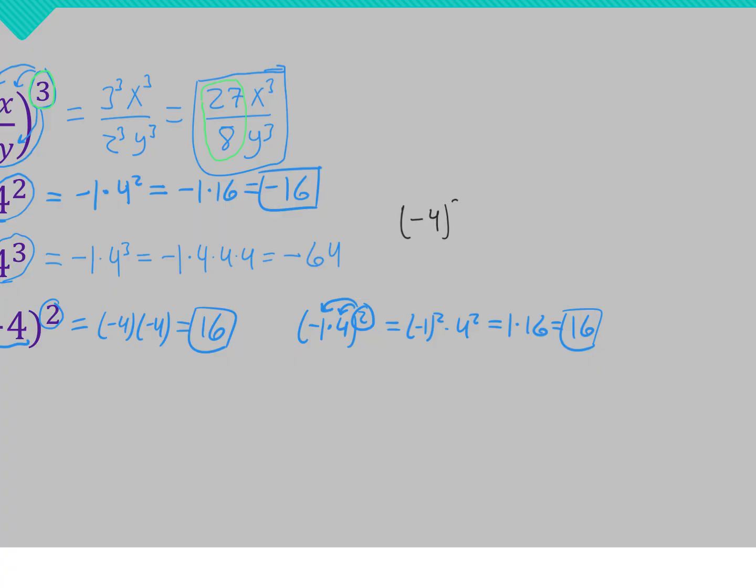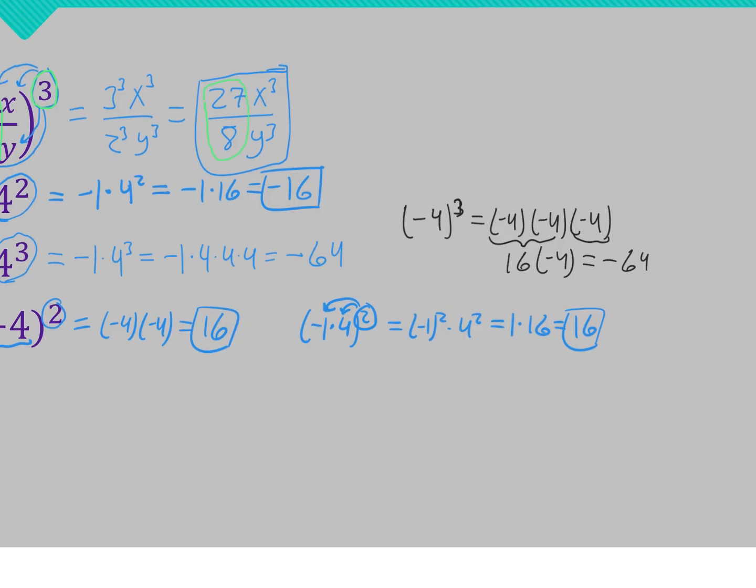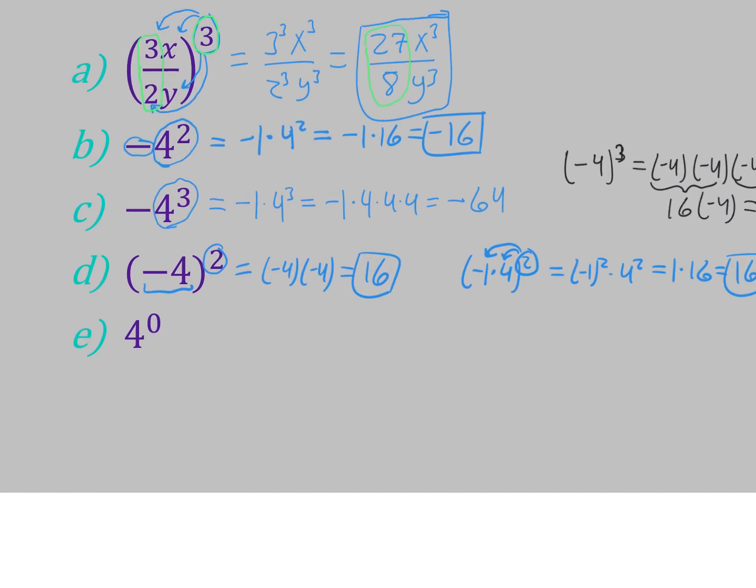If I had (-4) to the third power, this is the same as -4 times -4 times -4. So I get a negative times a negative, which is a positive, but I have another negative here, which is going to turn back to a negative. All right, so just another thing to be mindful of.